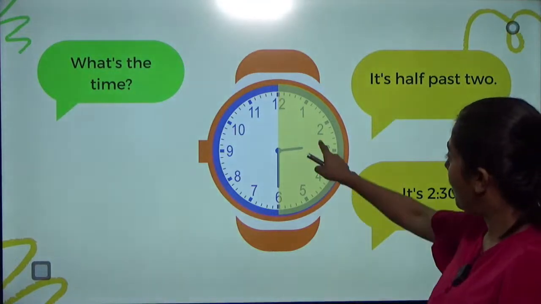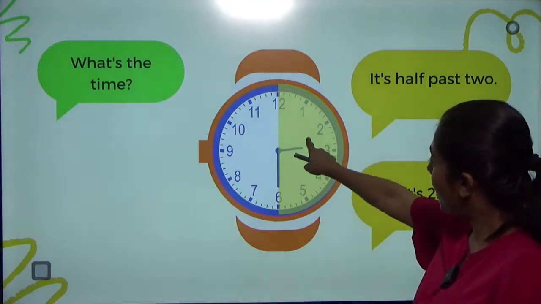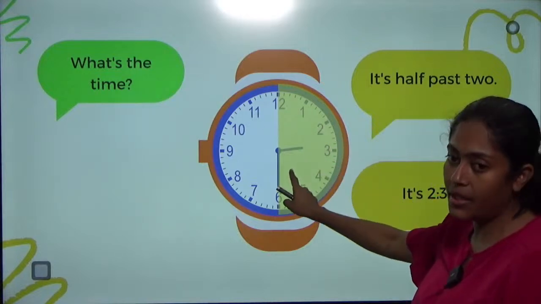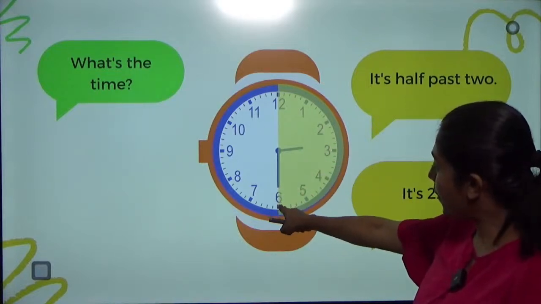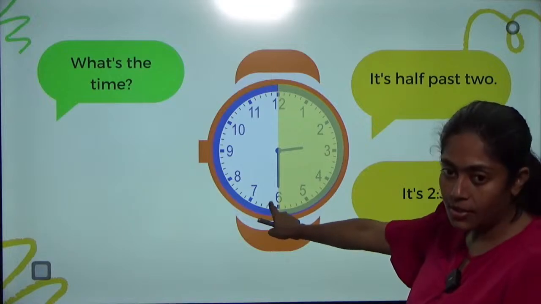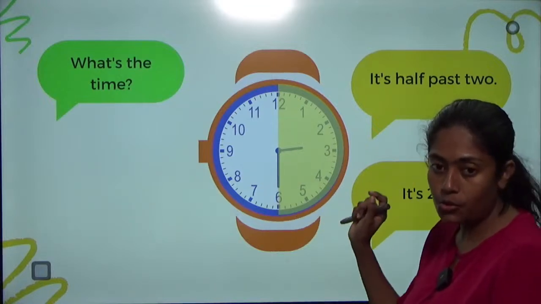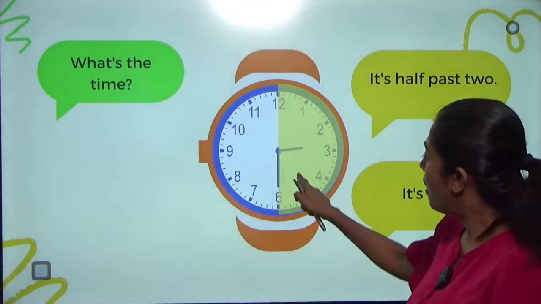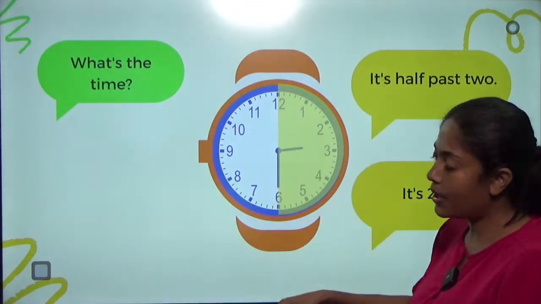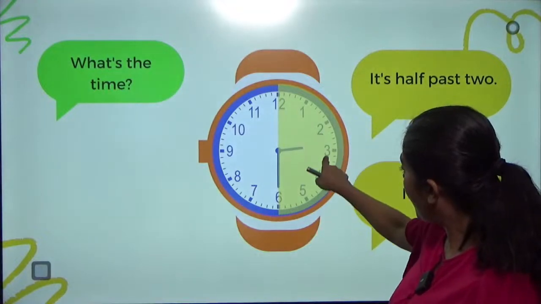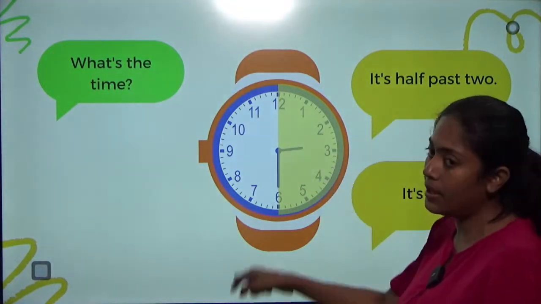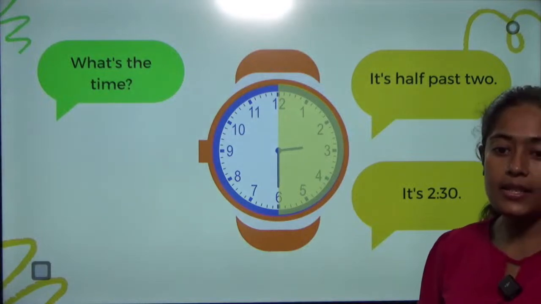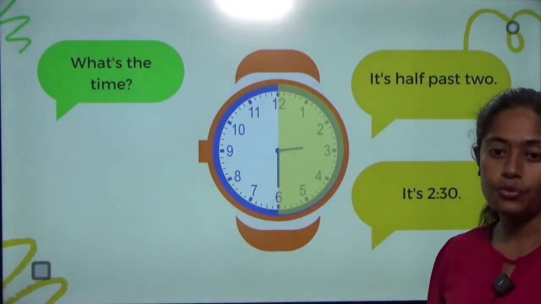Now our hour hand is in between 2 and 3 and the minute hand pointed to 6. So we can say it is 2:30. Because 2 and 3 in between, we can say it is 2:30. Okay.